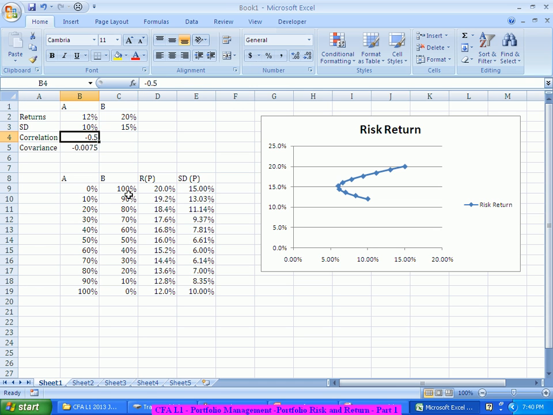If the correlation between them is -0.75, the risk can even come down to 4.24%. So if the correlation is becoming more and more negative, I can bring down the risk of the portfolio drastically. And if the correlation is +1, there is no curve at all.